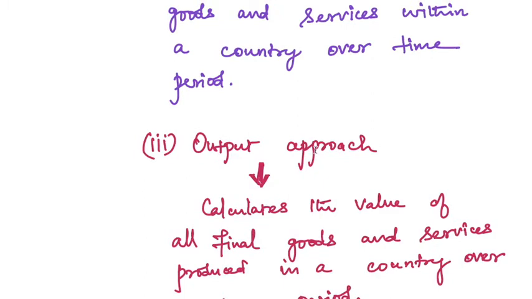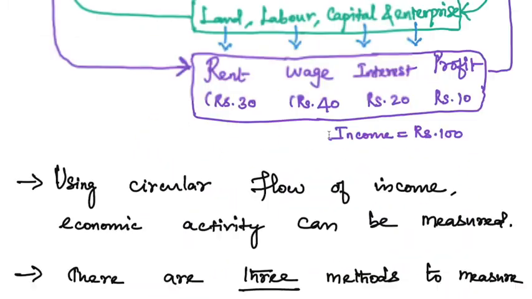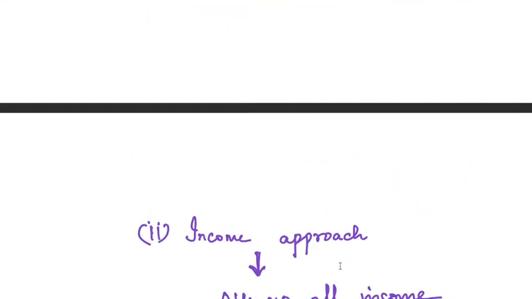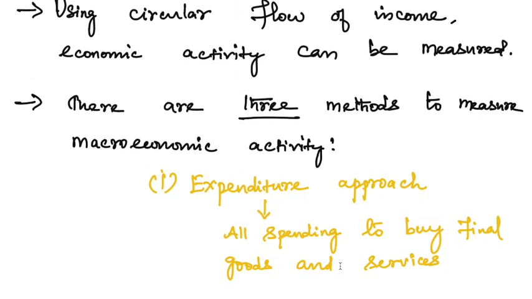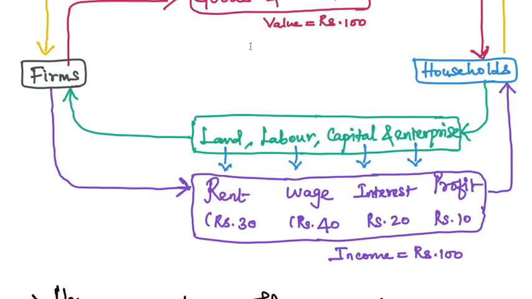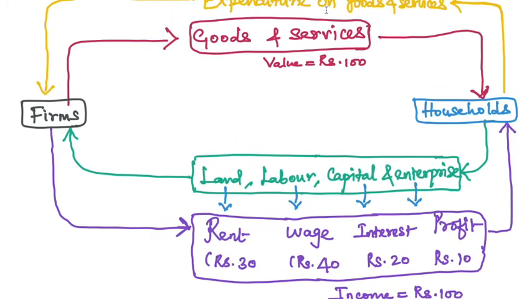I have used these three different colors in this circular flow of income for these three approaches, so that you can link these three different approaches to the circular flow of income. So this is basically the income approach, the red color one is the output approach, and the yellow color is the expenditure approach.